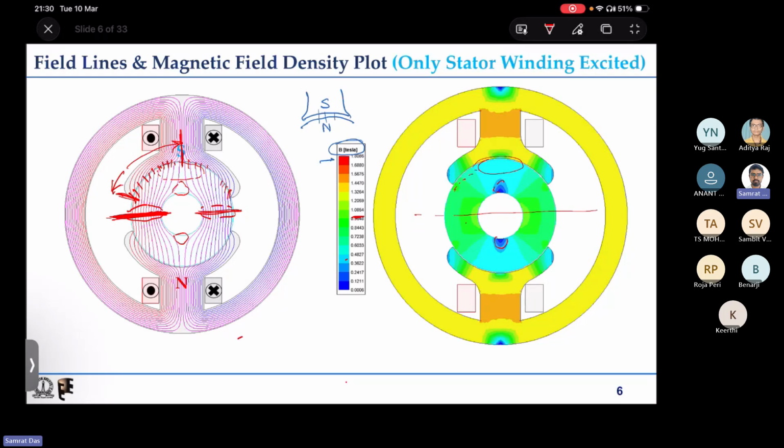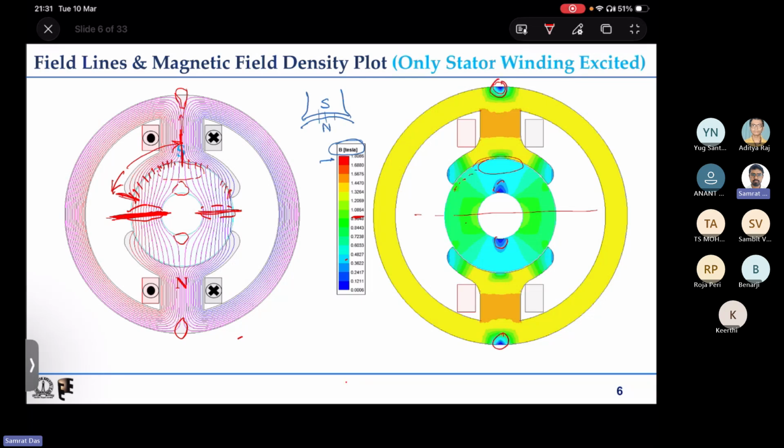Now on the stator also you can see that flux lines come in, and then they get divided to flow on both sides. And that is why in this portion, because flux lines have already been diverted to both sides of the yokes, you have quite low flux density.